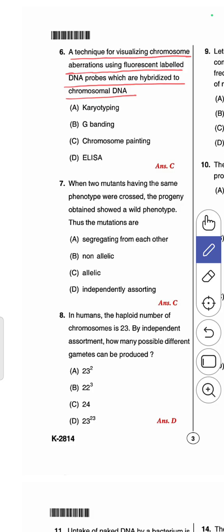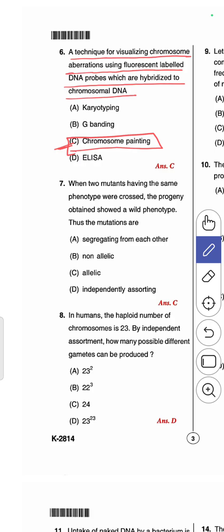This is one of the methods, that is chromosome painting. Through this chromosome painting, we can visualize individual chromosomes in metaphase or interphase cells, so that a correct identification of both numerical and structural chromosomal aberrations can be observed. So, C is the right answer for this question.